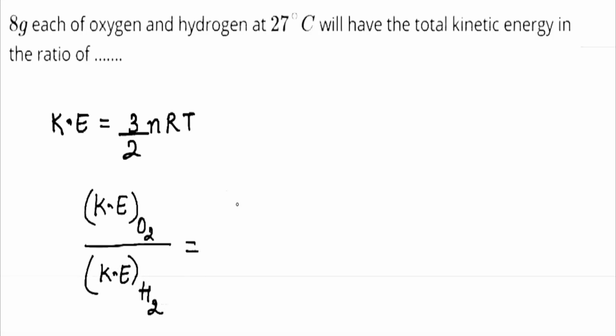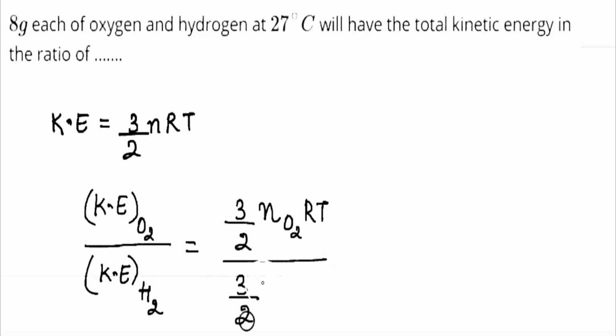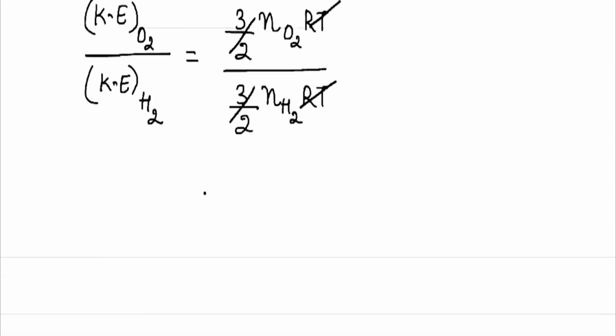So it will be equal to 3/2 the number of moles of oxygen into RT divided by 3/2 into the number of moles of hydrogen into RT. So from here, this 3/2 will get cancelled out, RT with RT. So it will be equal to the number of moles of O2 by the number of moles of H2.